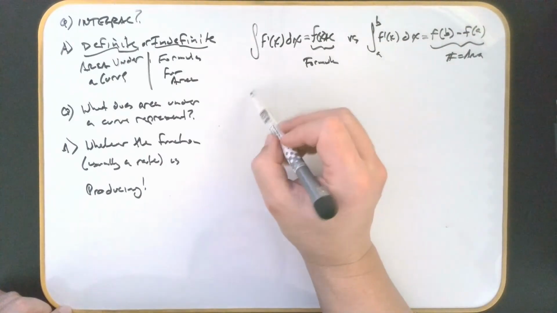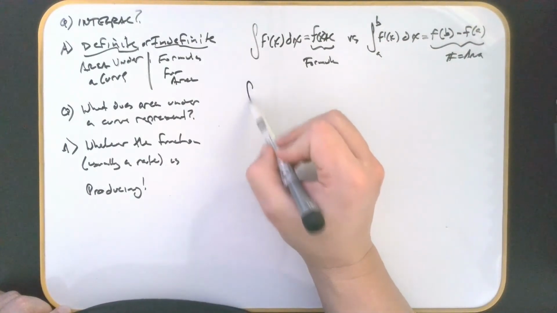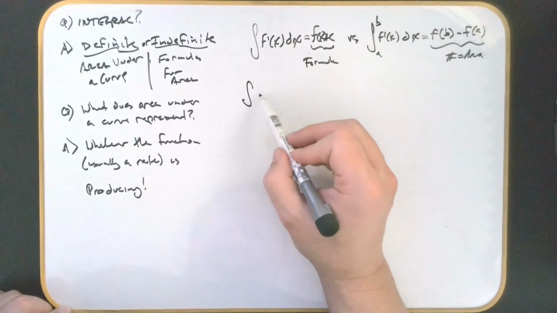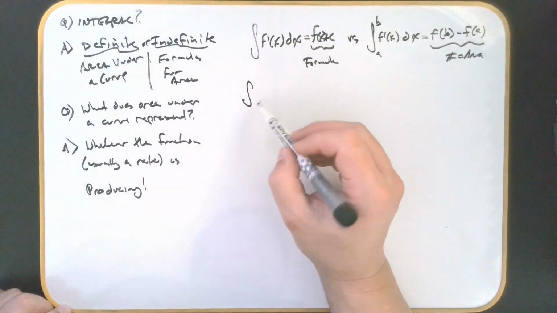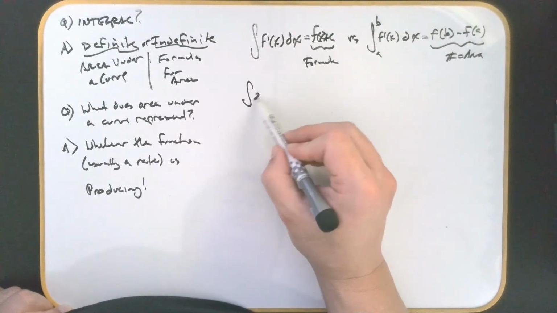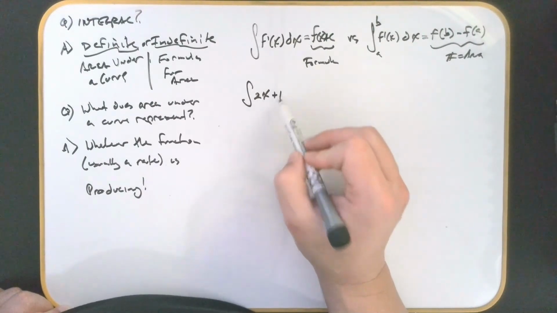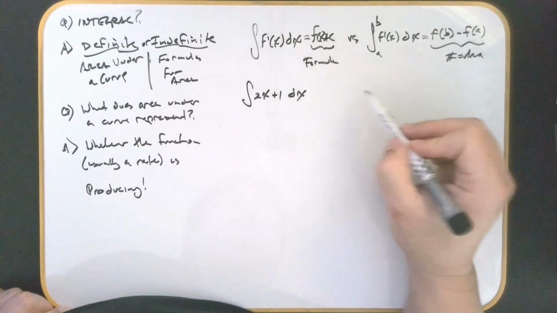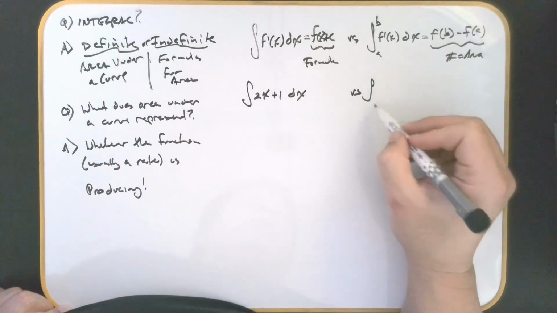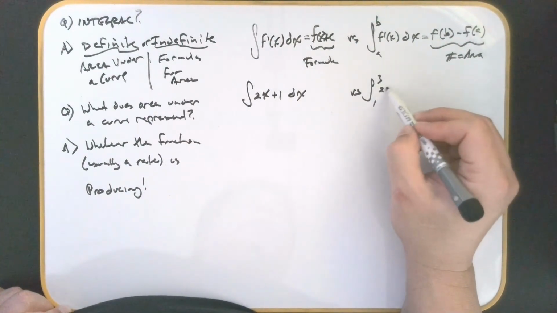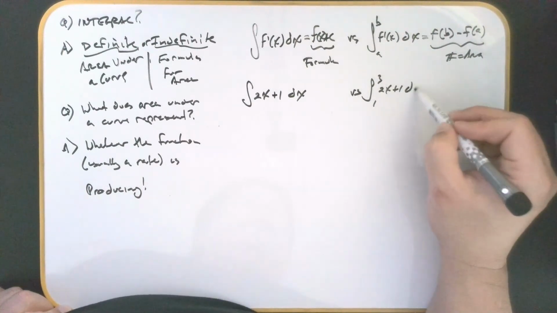So if we did a very simple example, something very, very friendly here, what's the integral of 2x plus 1 dx versus the integral of 2x plus 1 dx here?